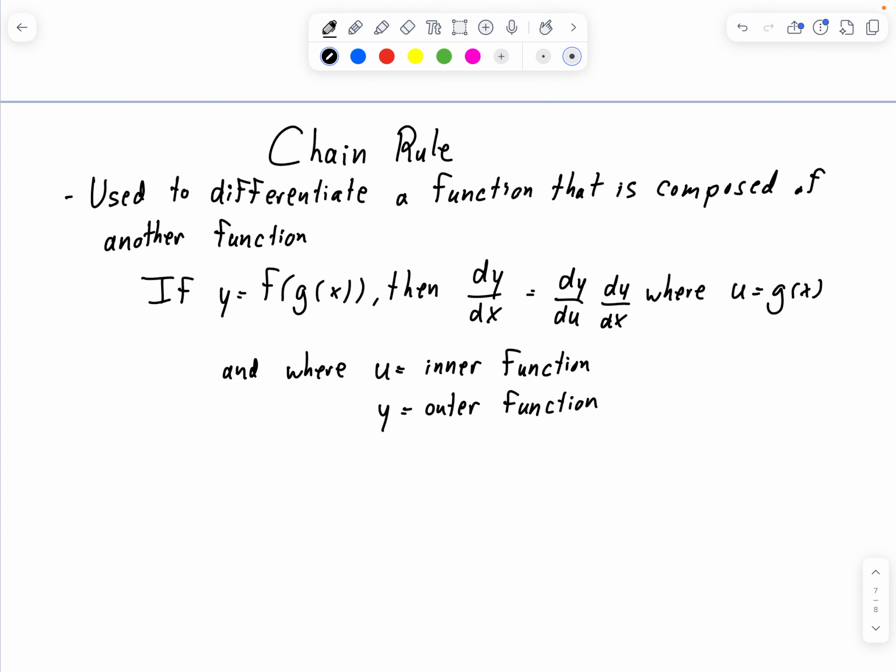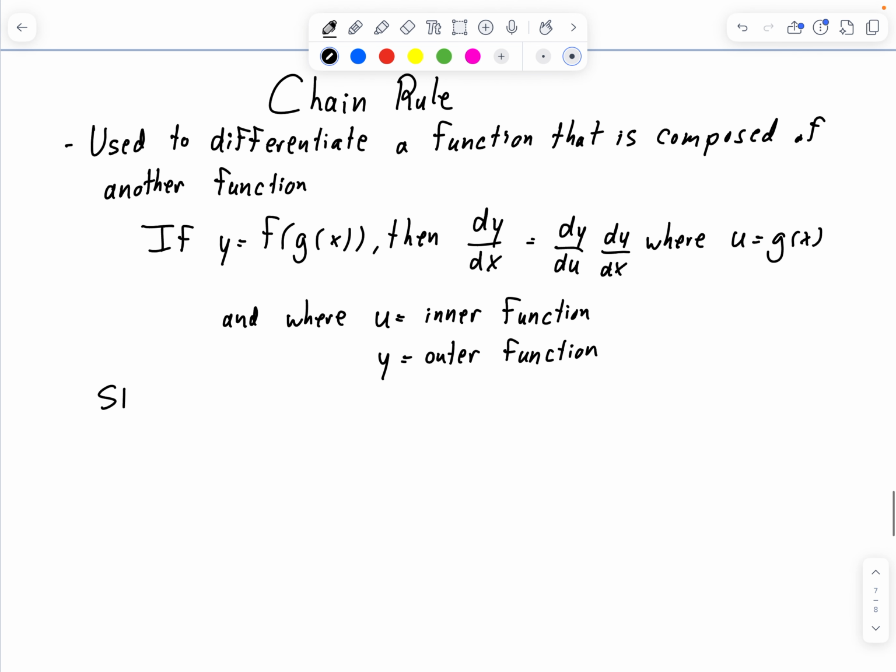So how do we approach performing this differentiation? In step one, we differentiate the outer function. And as a note, we say that we leave the inner function unchanged.